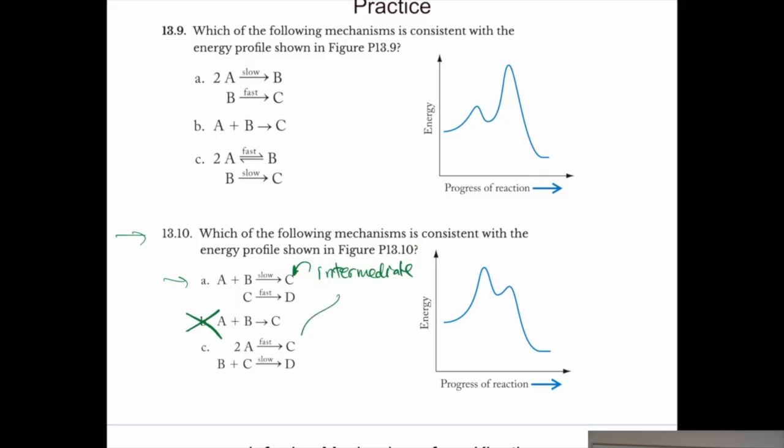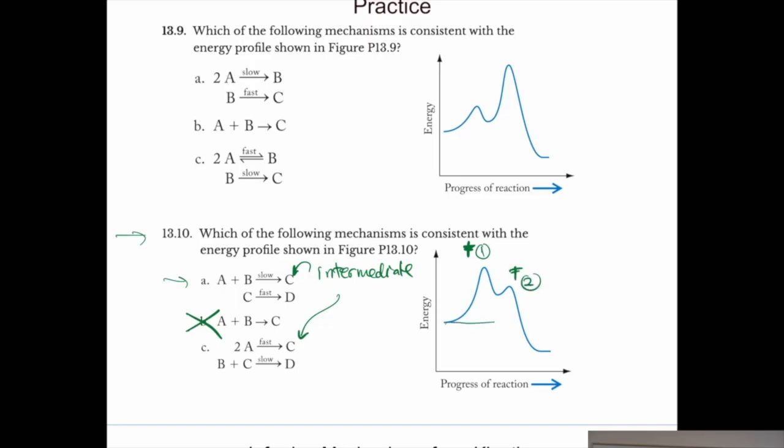C is still the intermediate. So what do you think? It's either A or C. Well, slow and fast. So why A? Because the first step is slow. And why does that mean that it's A? Because here's the first step. We make one transition state. Remember, the top of this is always this transition state. So let's put our double dagger. That's transition state number 1. And this is transition state number 2. But look at the activation energies.